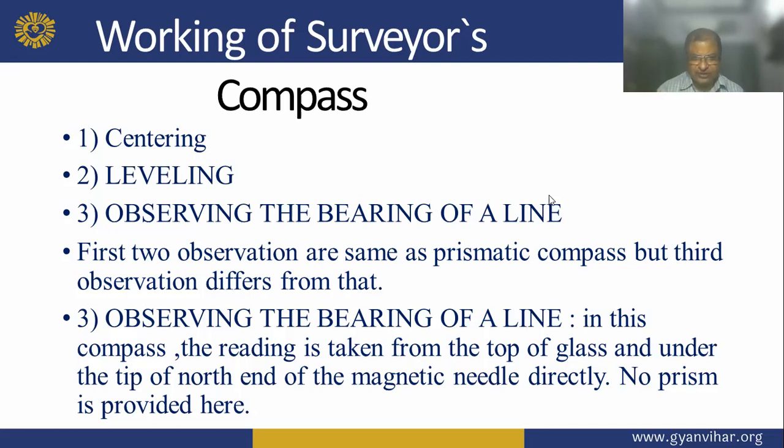The first two operations are the same as the prismatic compass, but the third, observing the bearing of a line, differs. In this compass, the reading is taken from the top of the glass, at the tip of the north end of the magnetic needle, directly, where the prism is provided here.